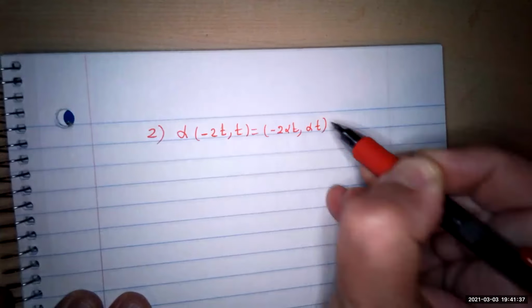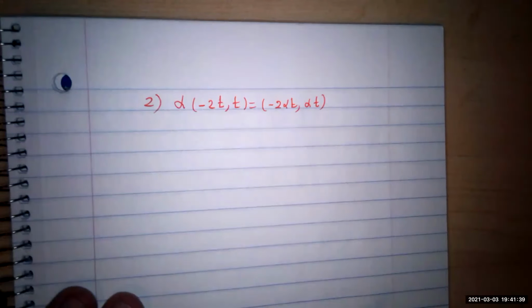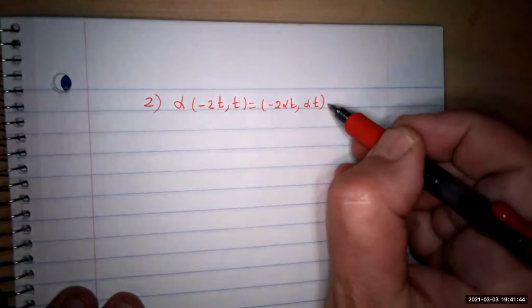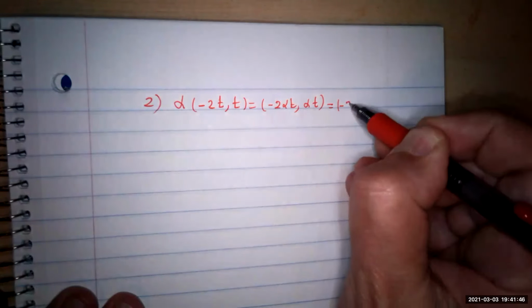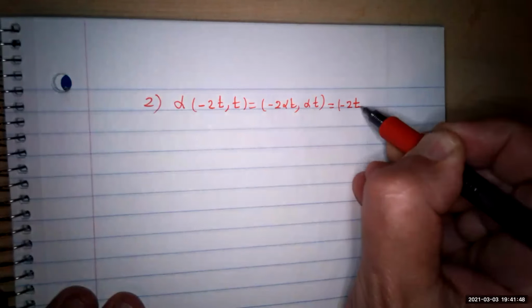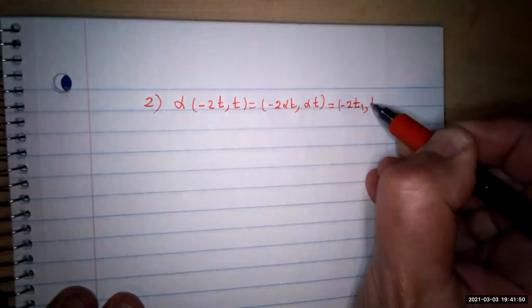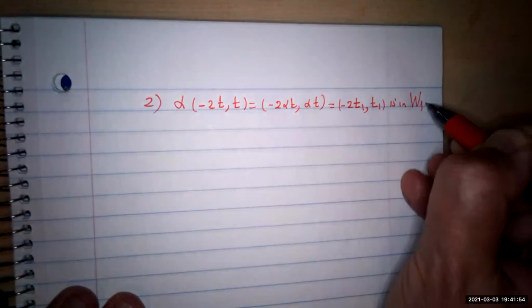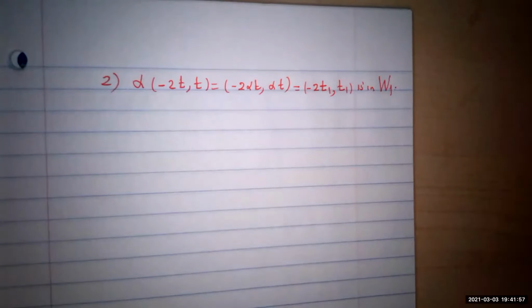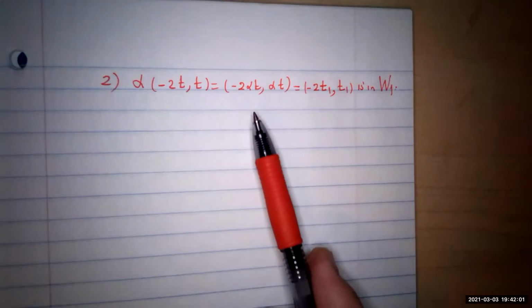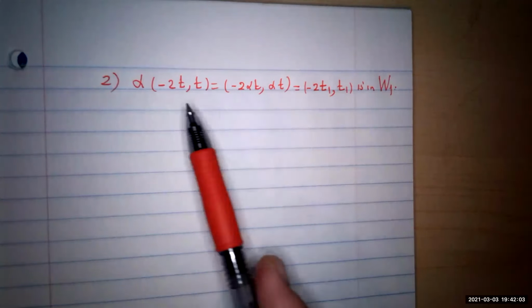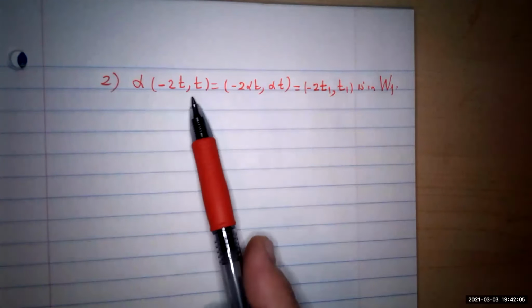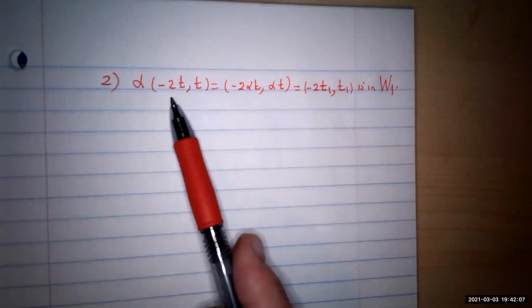It's the same type of member. You may call it (negative 2t1, t1), which is in W1. If you multiply by a number, you must get something similar. Your set is of the form (negative 2t, t). Whatever it is here, it must be repeated.